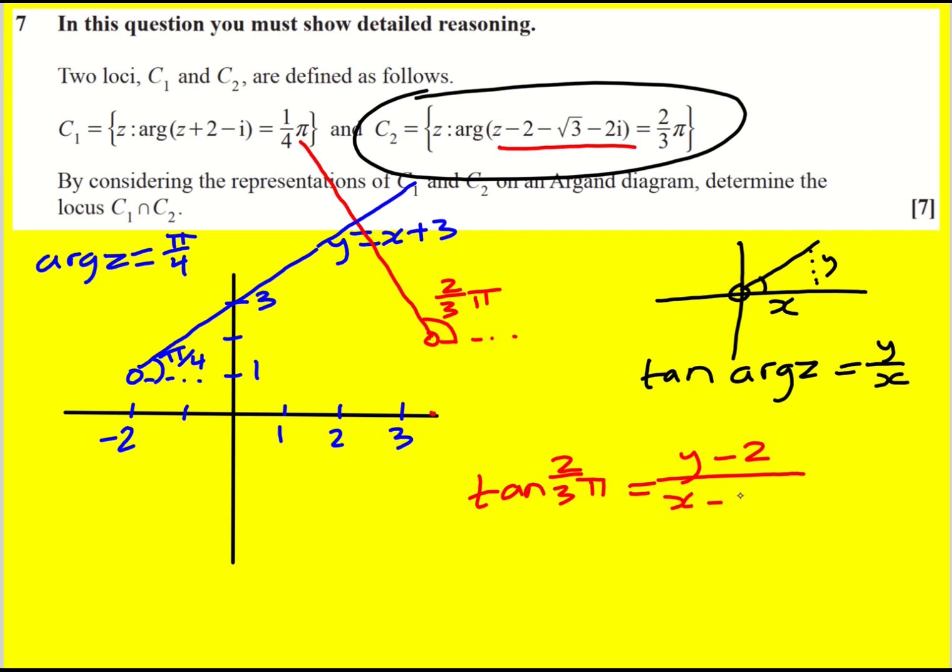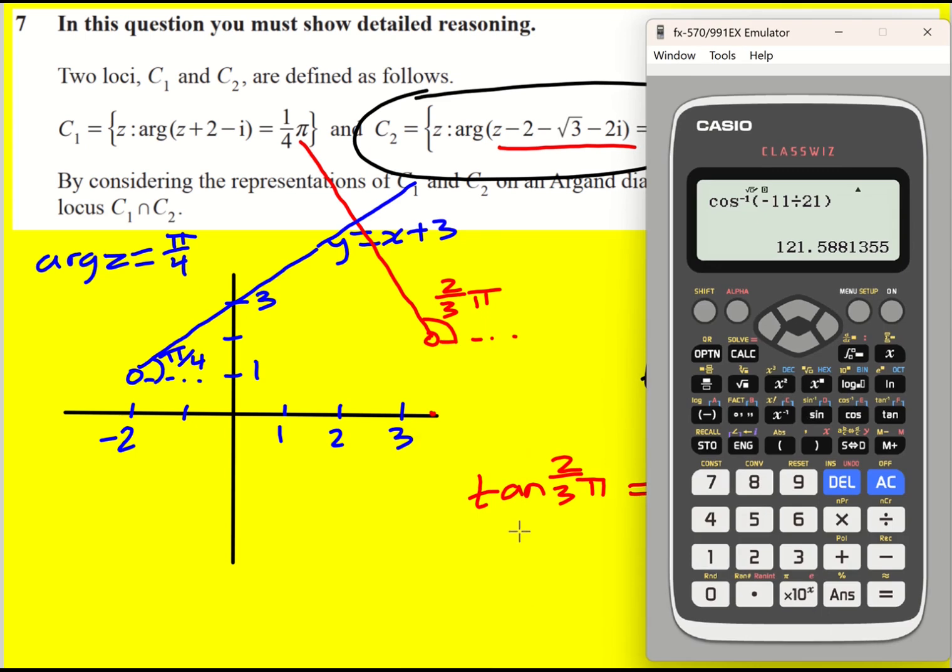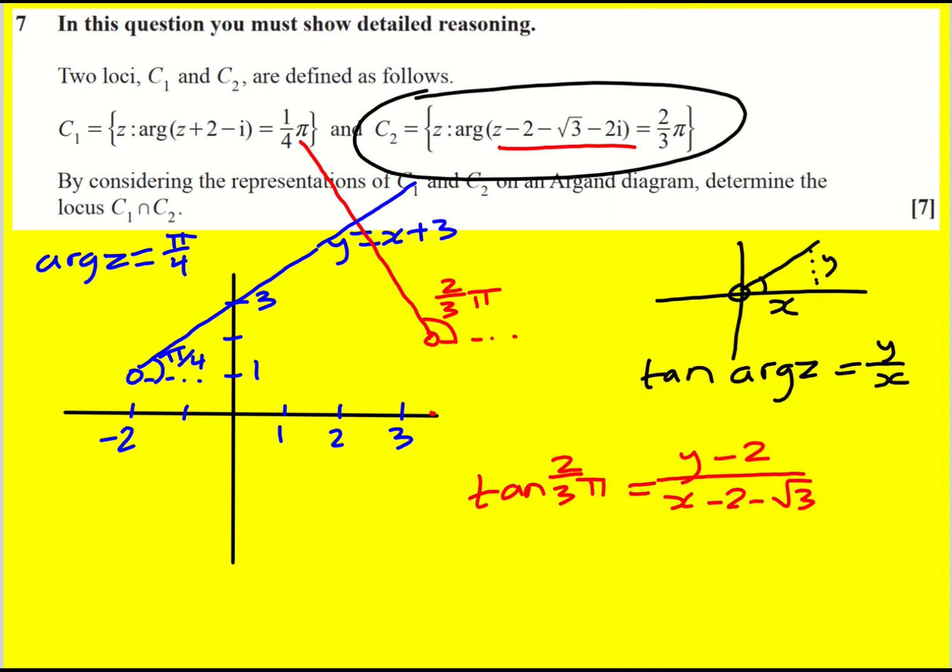And then x minus 2 minus root 3. Okay, it's a little bit more awkward, but I've got myself an equation of a straight line. So we need to be working in radians here. Tan of 2/3 pi is minus root 3. In theory, you could do that without a calculator.